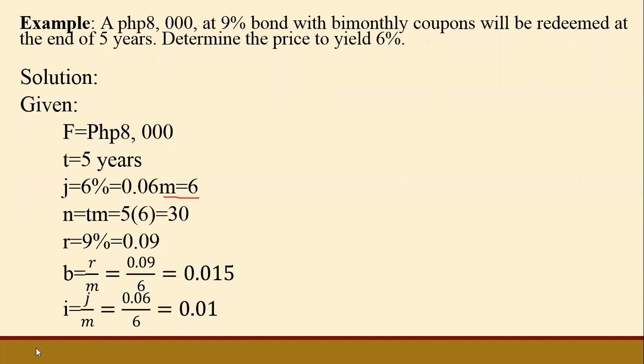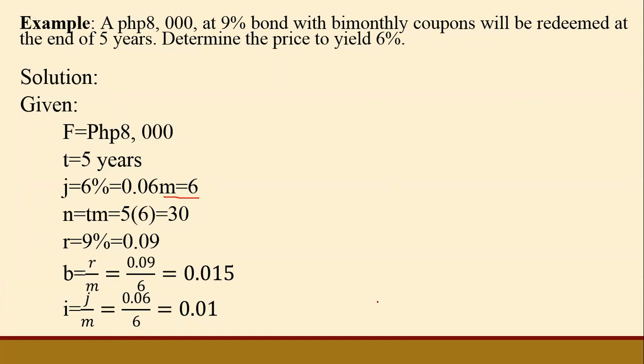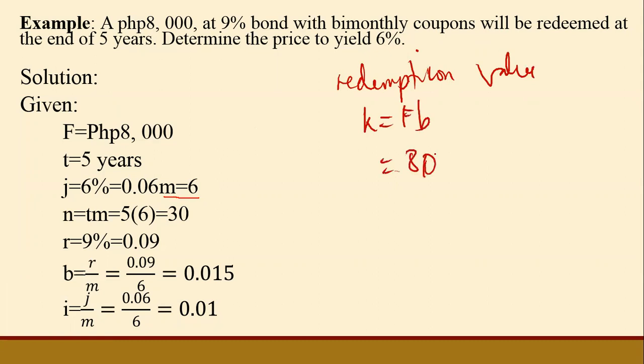Okay, so we have first the redemption value. For the redemption value, it is equal to 8,000 times yung periodic bond interest na 0.015.